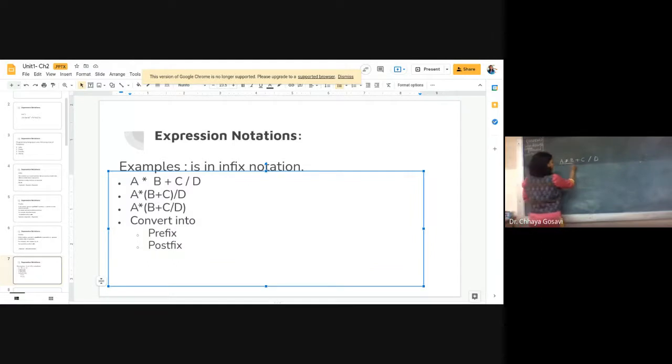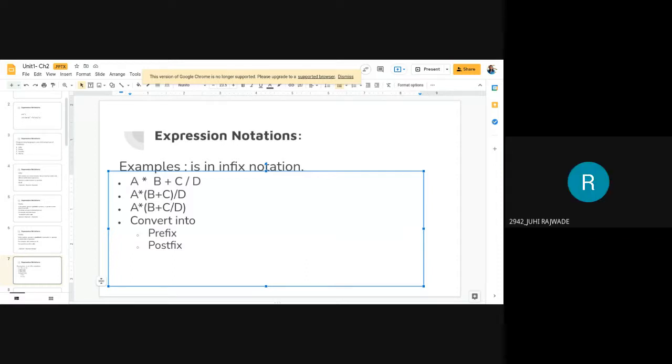So again we find the expression with highest precedence, and here A B star in postfix, so the operator should come after. Then C D slash, and then this plus goes outside, as this is the first operand, second operand and then operator.